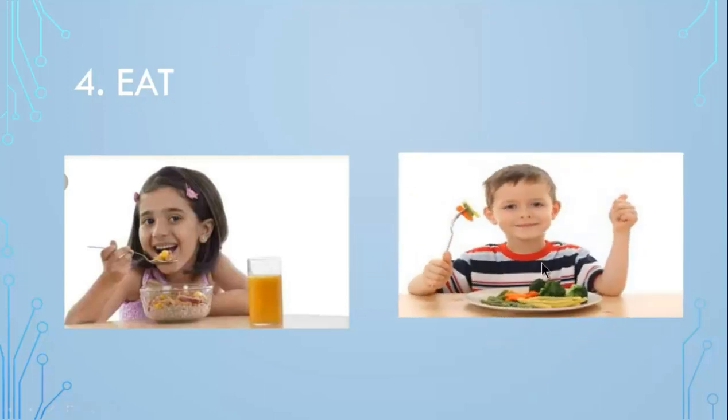Now the next one is EAT. Eat means we are eating lunch, dinner, snacks. See, this girl is eating fruits and juice, and this boy is eating salad. So it is eat. When we do something with our mouth, at that time what word do we use?